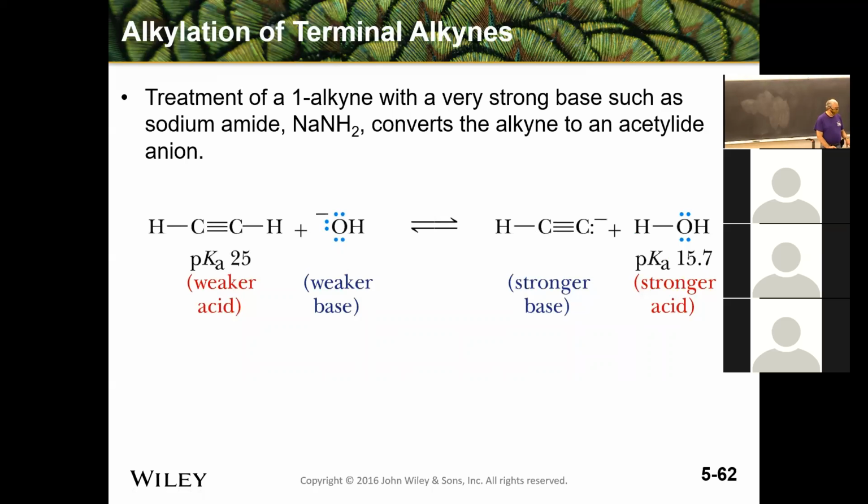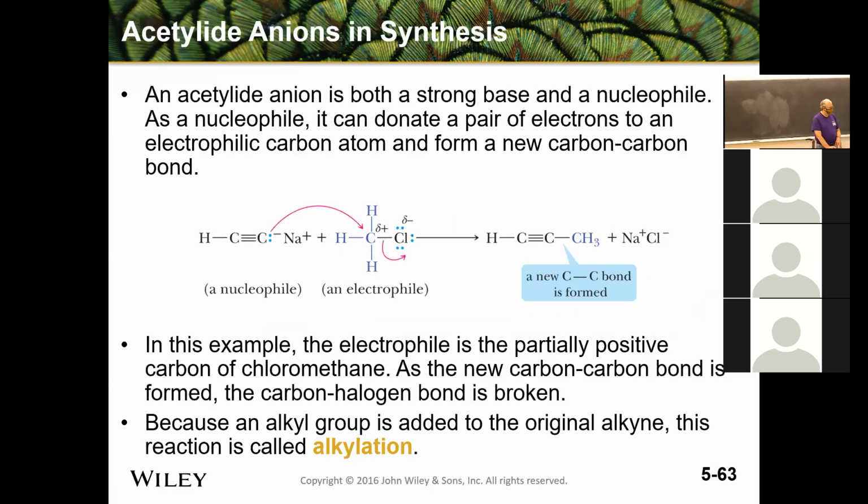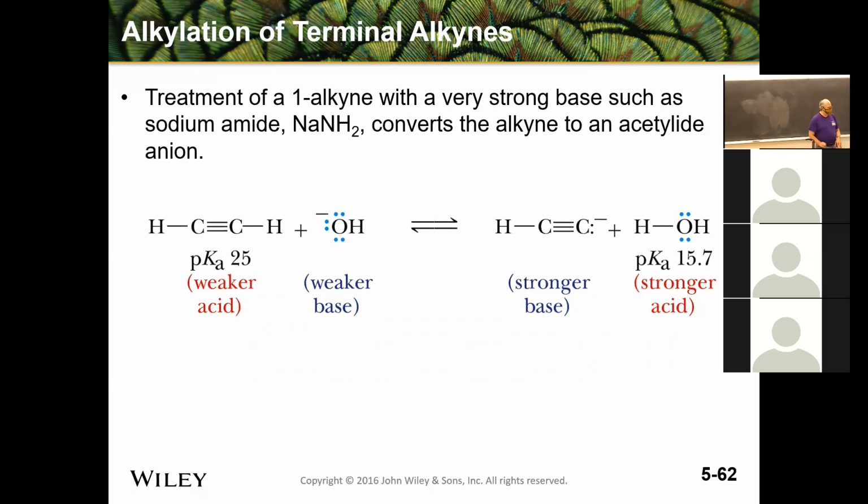So this doesn't work. This is a repeat of what we saw in the previous chapter. This doesn't work because we're trying to form a stronger acid, namely water, from a weaker acid, namely the terminal alkyne. But we can use the conjugate base of ammonia, which is called sodium amide.